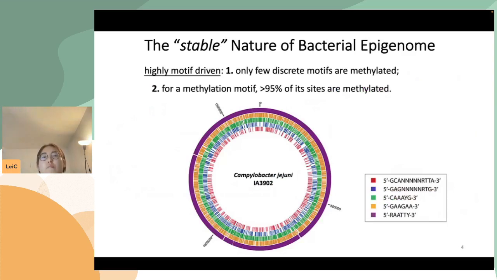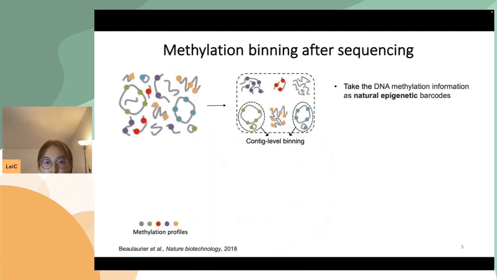So speaking of the methylation motifs, the bacterial epigenome is highly motif-driven. Only a very few motifs in one bacteria are methylated. And for one given methylation motif, over 95% of its sites are methylated. So one of our previous lab members, John, has already made use of this DNA methylation information as natural epigenetic barcodes to do the methylation binning after sequencing.